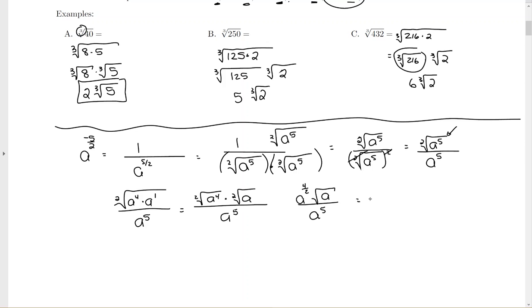And then reduce. So we've got a squared, square root a, divided by a to the fifth. These can cancel. Right, you've got 2 a's on top, 5 on the bottom. So all 2 of these are going to cancel with 2 on the bottom, and I'm left with square root of a divided by a cubed.